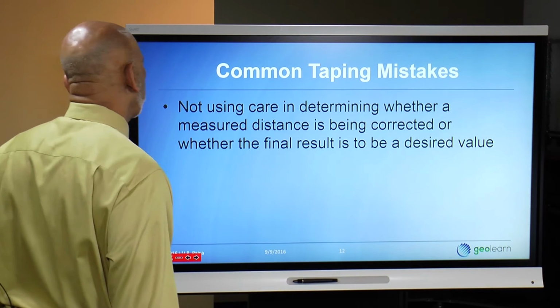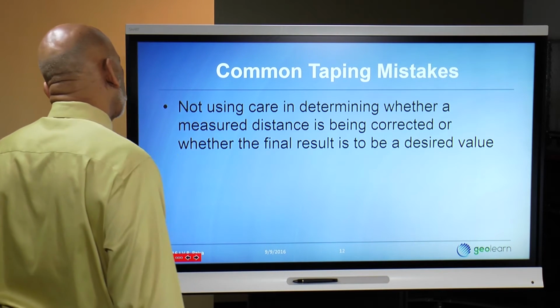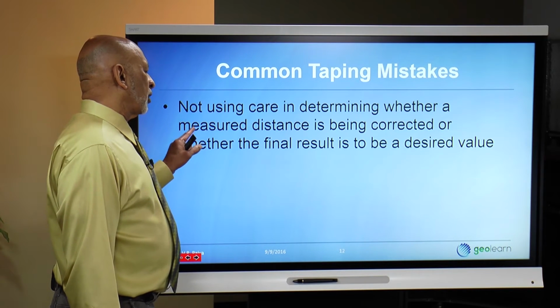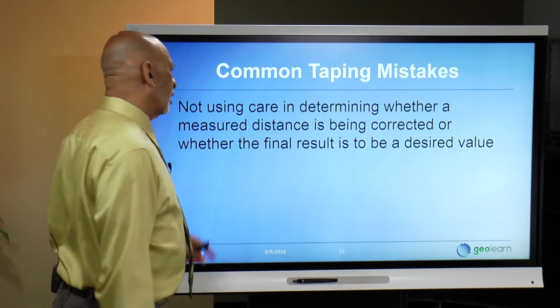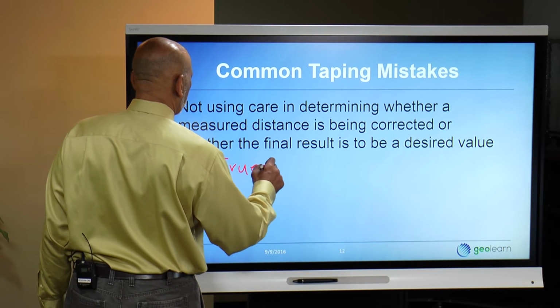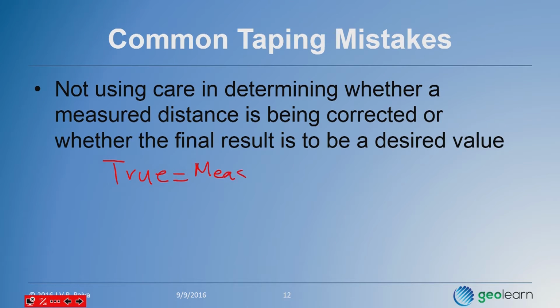And one of the most common things that happen is not using care in trying to decide what the problem is. In other words, remember that the general equation is true equals observed or measured or indicated plus the correction.